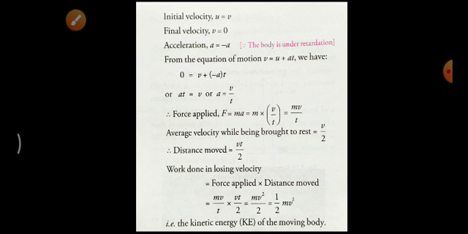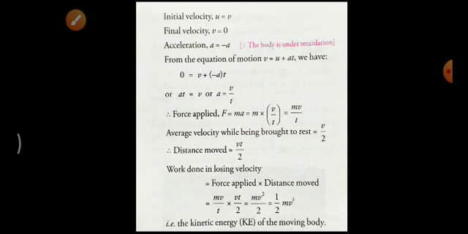Final velocity 0 equals initial velocity v plus minus a into t, so at is equal to v, or acceleration a is equal to v by t, velocity divided by time, the rate of change of velocity.